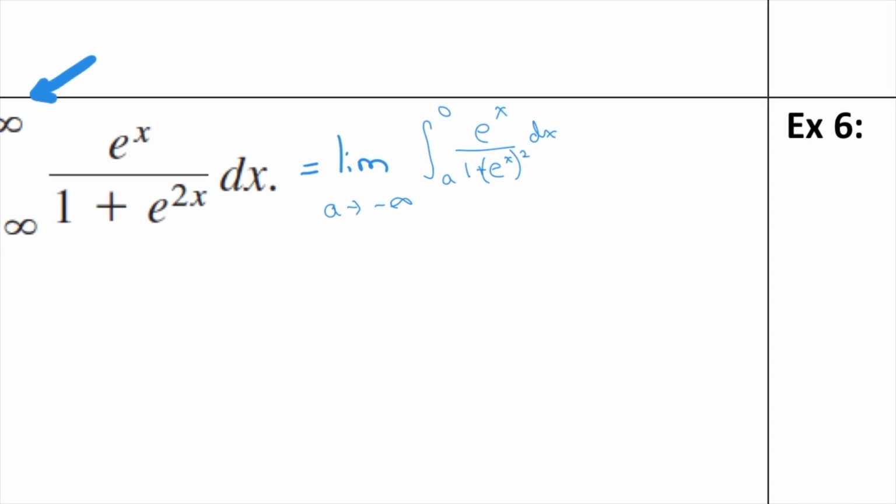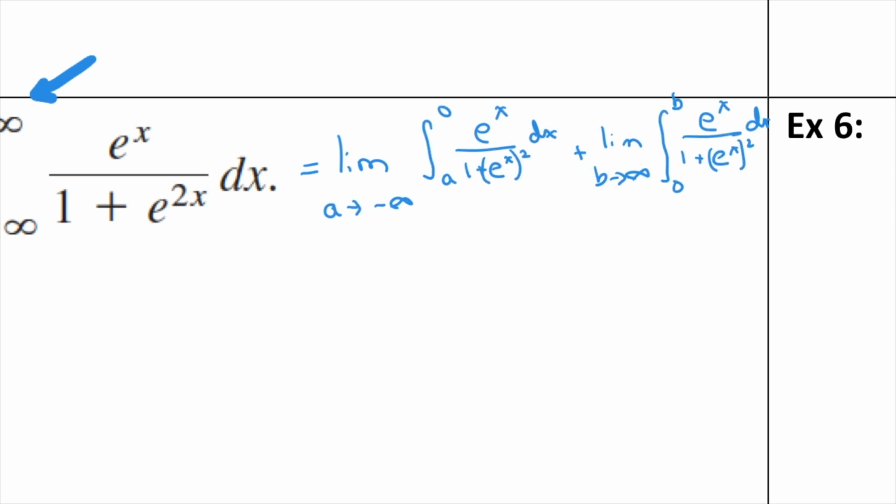And then we will add on the limit as b goes to infinity of this problem going from 0, notice how they connect, to b, e to the x divided by 1 plus e to the x squared dx.